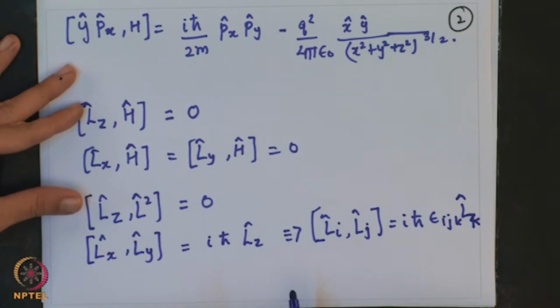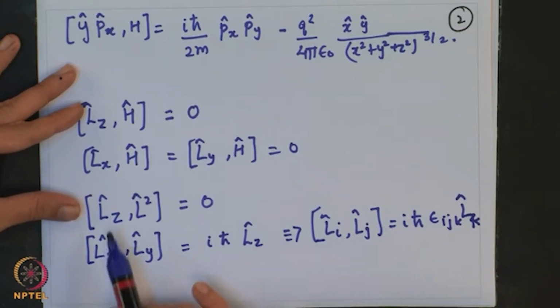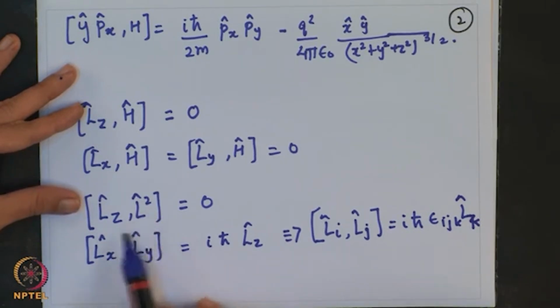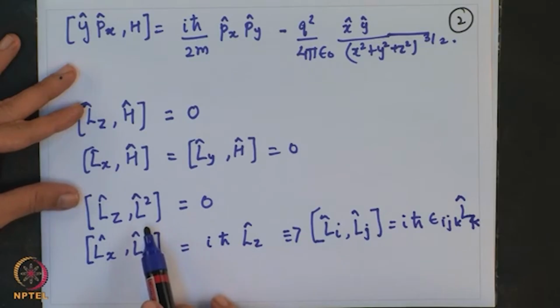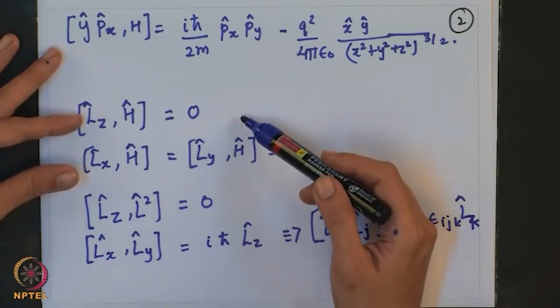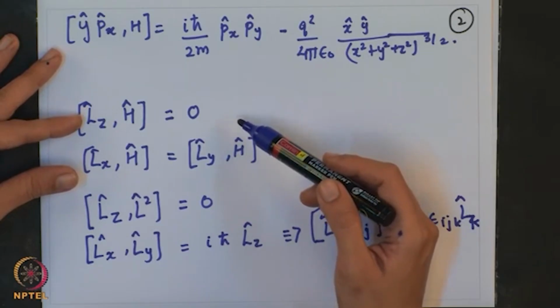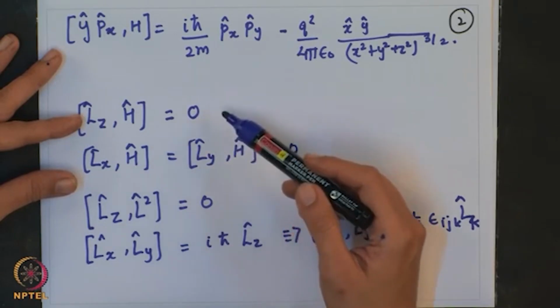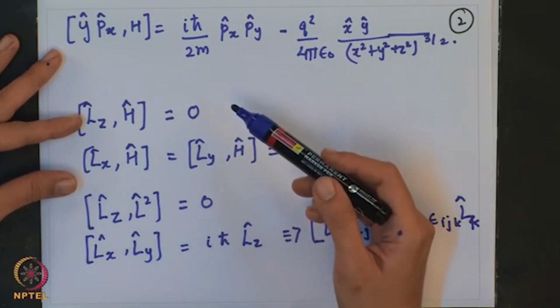set of operators. Since Lz and L square commute, they can form a simultaneous eigenket. Similarly, Lz and the Hamiltonian operator commute, so they can form a simultaneous eigenket.